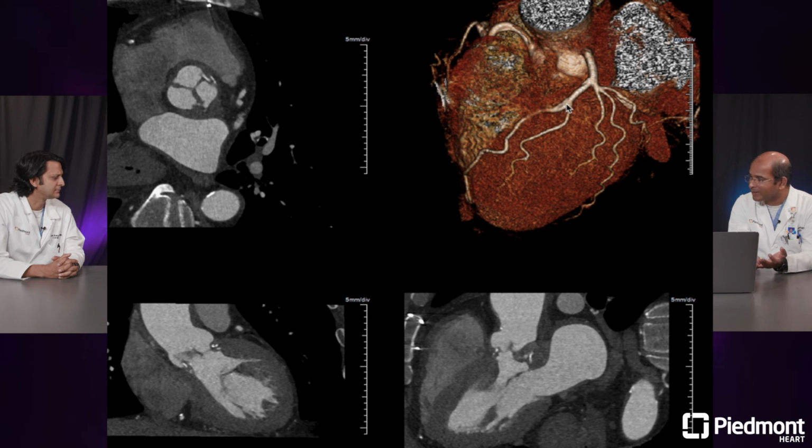You have the coronary assessment, you know where the endocarditis is, and your surgeon has all the information he needs. And even if this is a redo surgery, he knows where the heart sits behind the sternum too. So I think this is a great technique in answering so many questions in one test. Yeah. Previously, you'd get an invasive angiogram and a CT chest all for planning purposes, and you can just get it all in one. Thank you for sharing this case, and we'll go to our next case.